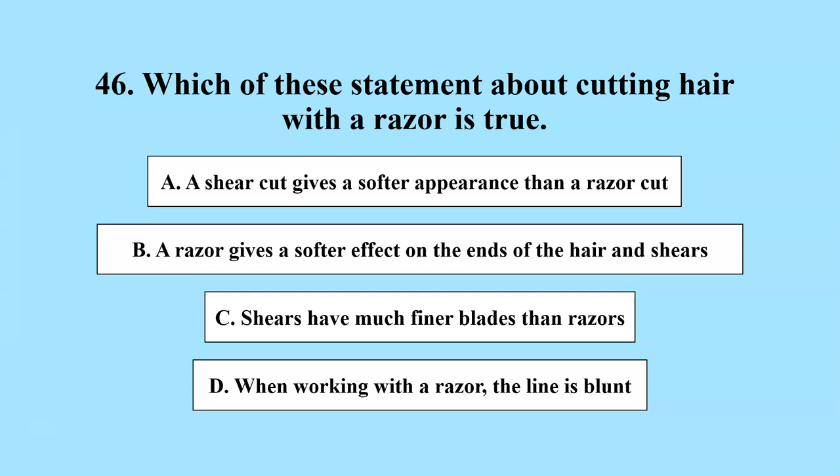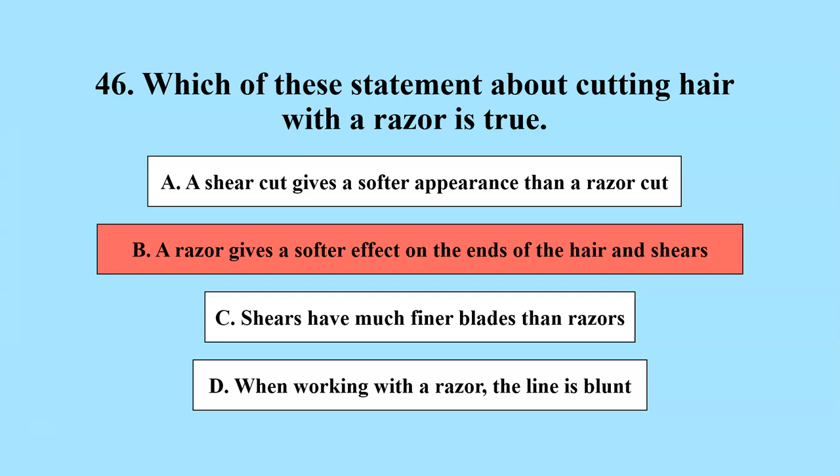Shears have much finer blades than razors. When working with a razor, the line is blunt. If you chose B, a razor gives a softer effect on the ends of the hair than shears, you are correct.